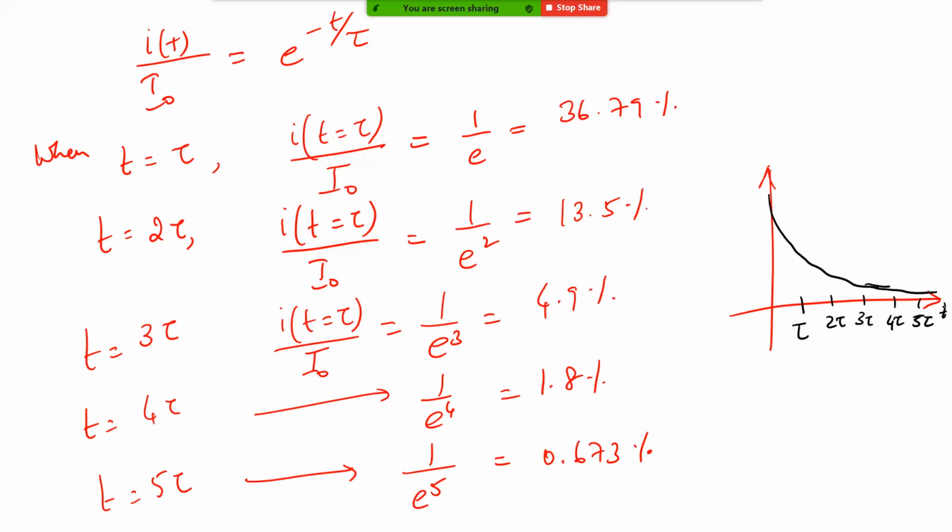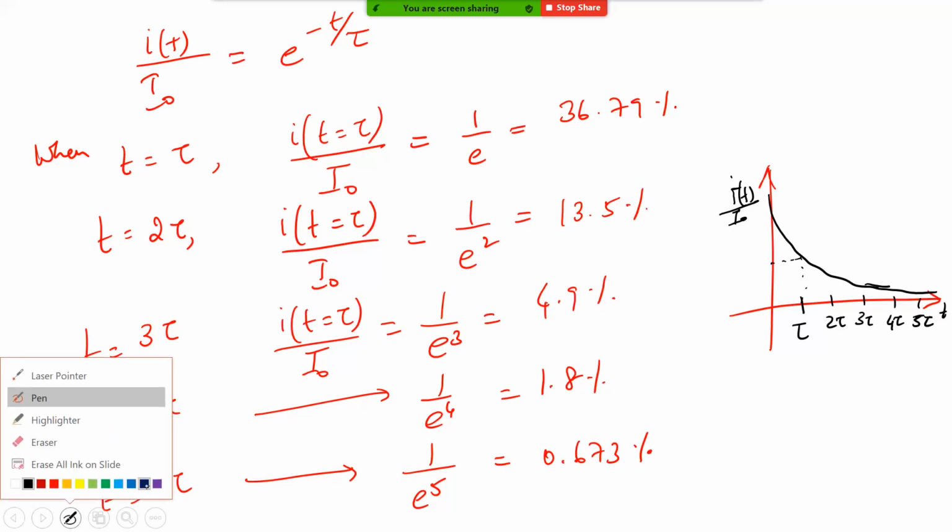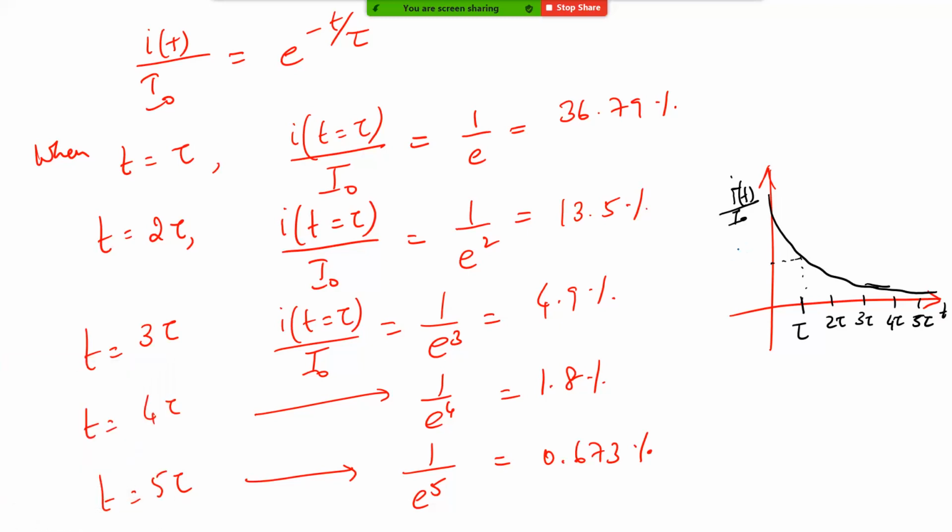If your time constant is 1 millisecond, you're talking about 1 millisecond, 2 millisecond, 3 millisecond, 4 millisecond, and 5 millisecond. And this is I of t normalized to I naught, where this is 1.